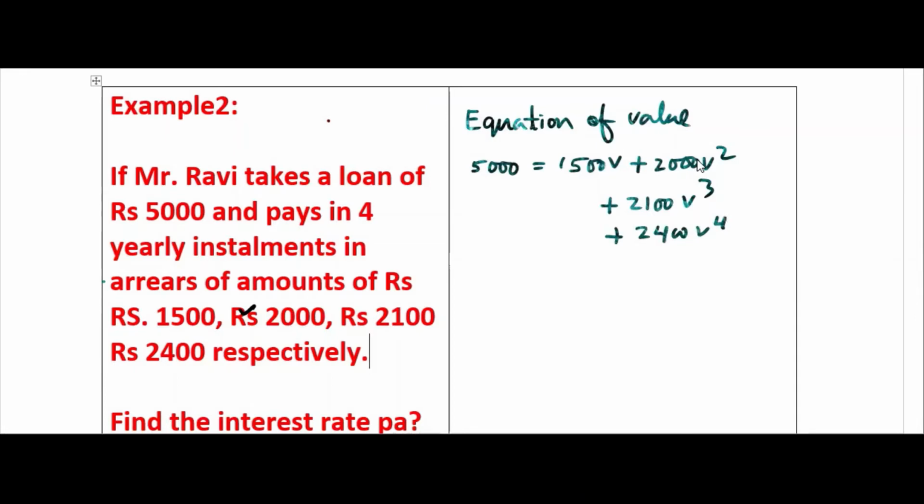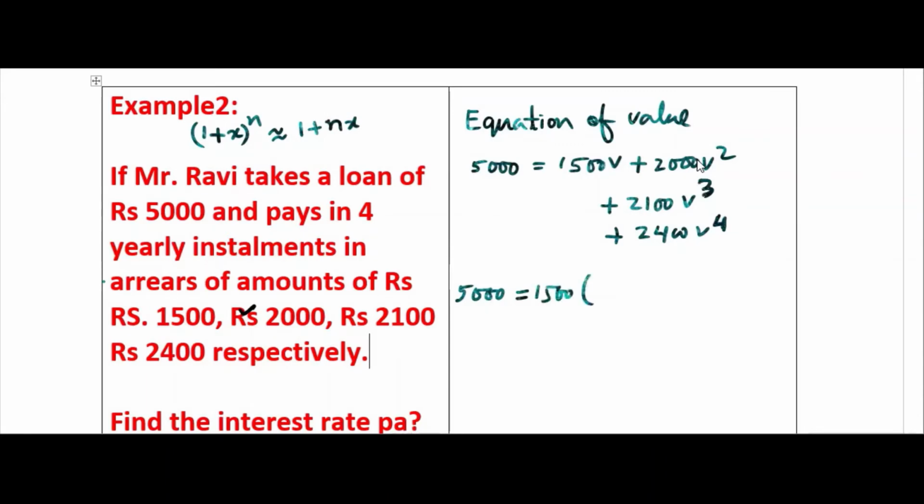Then I need to solve this, and we have to use equation of value. Okay, so we don't know equation of value. Here 1 plus x power n, that is approximately equal to 1 plus nx. This is an approximation. This approximation we can use to solve this, because if you write all these powers, you will get 1 plus I power minus 4 here, 1 plus I power minus 3 here. You will not be able to solve.